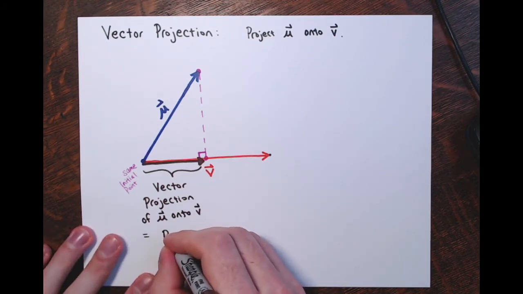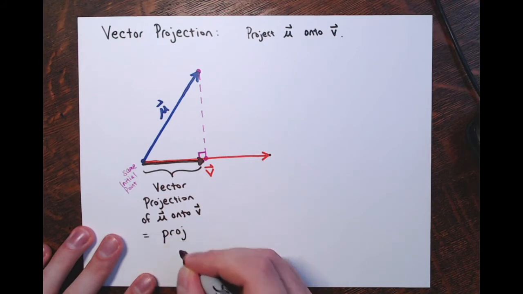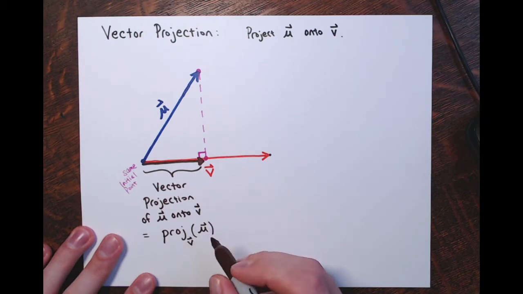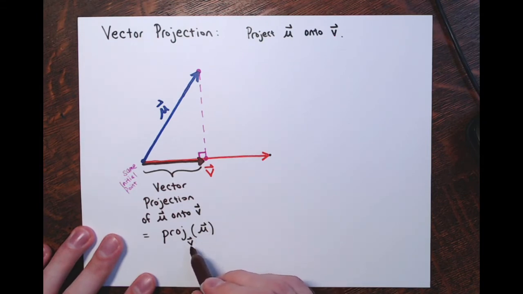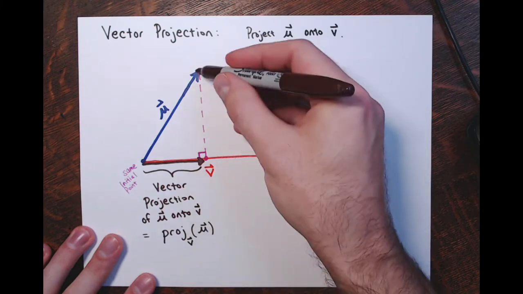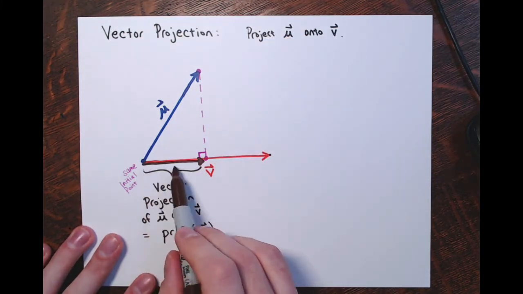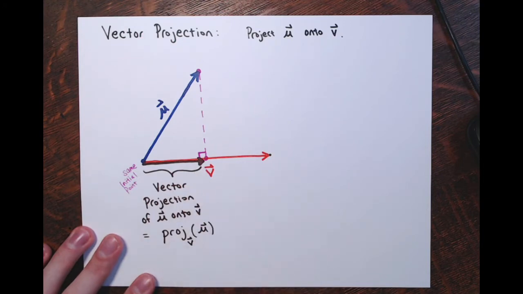It's PROJ, like projection of vector u onto vector v. So the vector you are projecting onto is the subscript here, and then my vector in the parentheses is the one that got projected. All right. So this vector here is called the vector projection of u onto v. It's labeled this way.